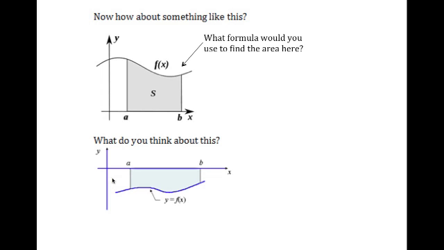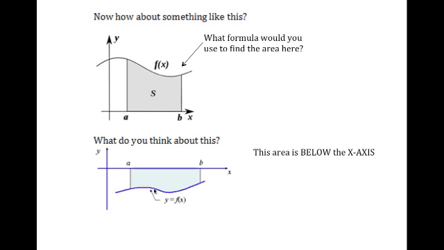Now, what do you think happens when you move the area below the x-axis? The x-axis is going to be very important in this section. Well, I want the area from this curve to the x-axis, from this value a to this value b. It's kind of shaded here. It doesn't look as shaded in your notes, but it's kind of shaded here. Well, now that it's below the axes, again, I can still try to break it up into formulas I already know, but it might not be exact.